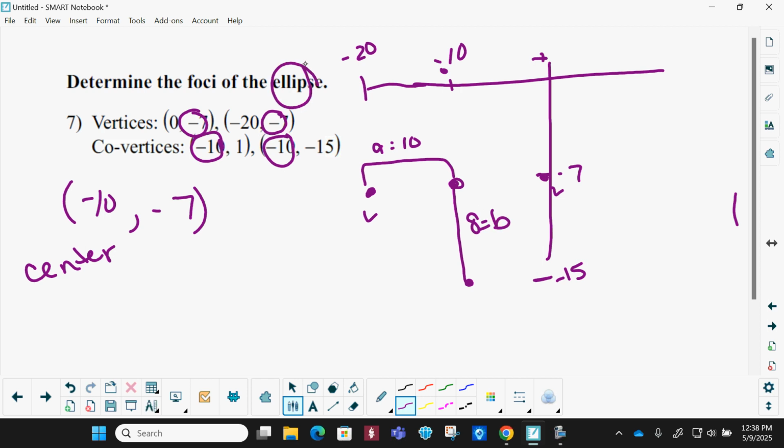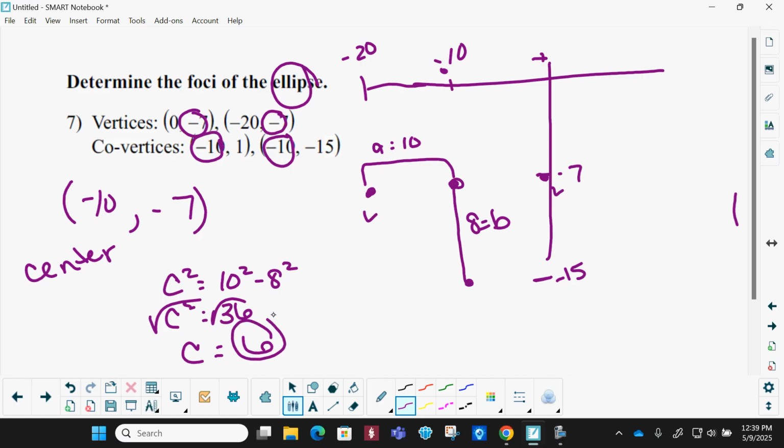It is an ellipse, so C squared equals 10 squared minus 8 squared. And you're going to type all of this into the calculator. So 100 minus 64, we get 36 square root, and C equals 6. Okay. Remember, foci does go with the vertices.